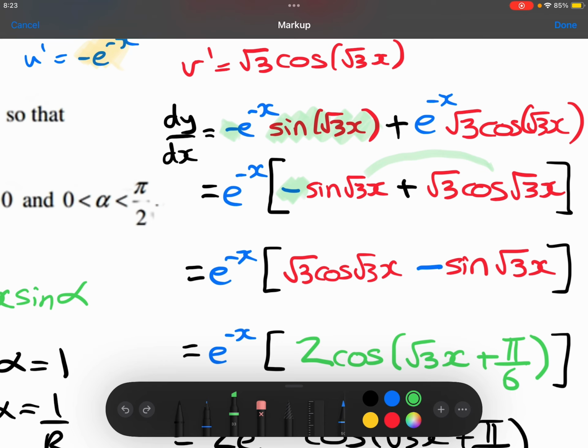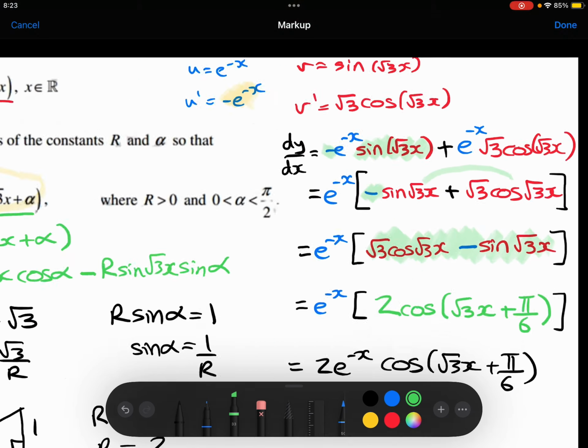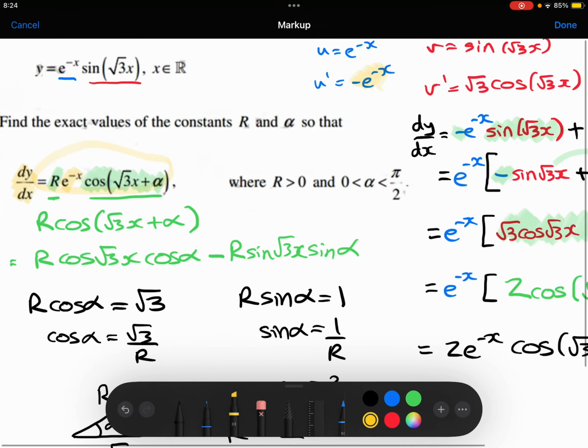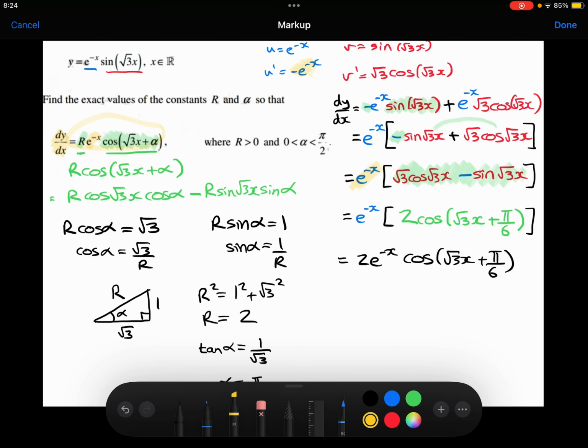Right. Next, it's about being able to rewrite this thing in the form of r cos root 3x plus alpha, because I've already got this e to the minus x here and there. So what I've done, I've taken the r cos root 3x plus alpha and I've expanded that out using the addition formula.